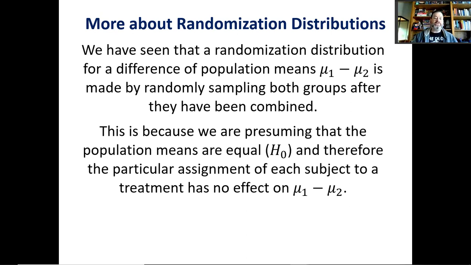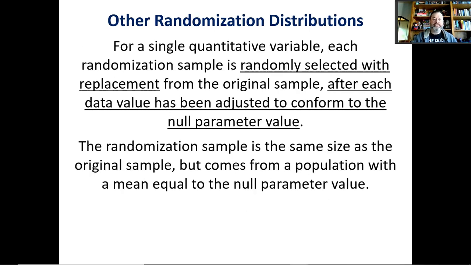This is because we're presuming that the population means are equal, and therefore the particular assignment of each subject to a treatment has no effect on the parameter, right? So if you're randomly assigning values, then mu1 minus mu2 should be close to 0. It's going to have some variation, but it still should be centered at 0.